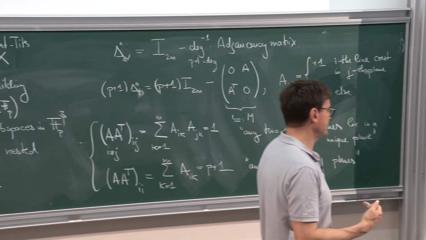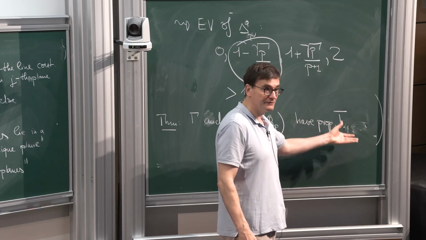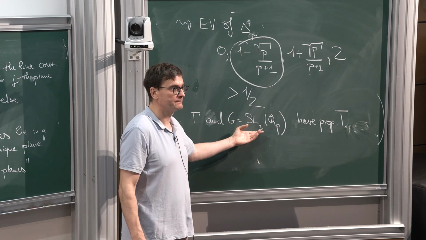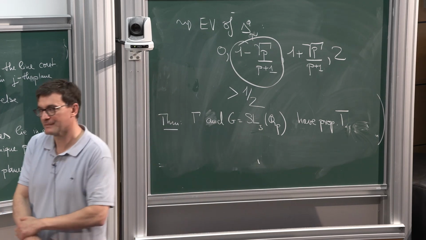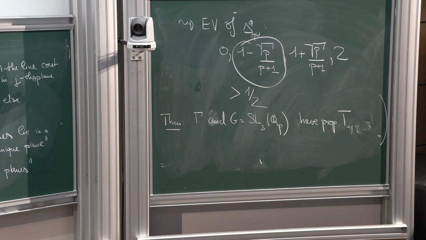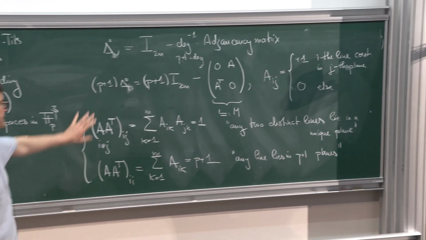So if you want the first higher property T result, so T2, you should look at the building of SL4(Q_p). And you should look at the links of edges in that building and try to understand. And what you will see is that there are two types of links, and one is basically this one.